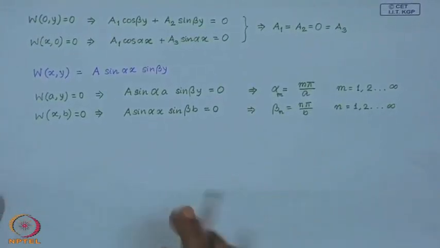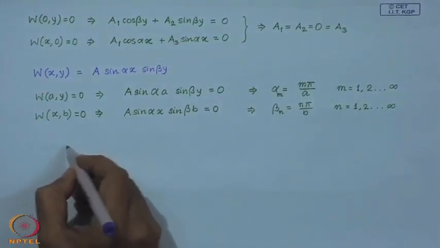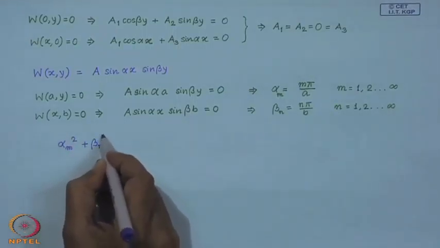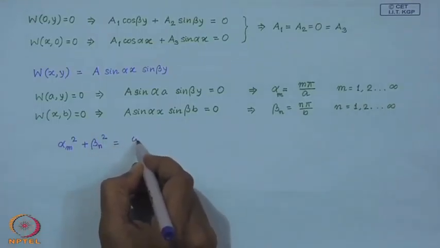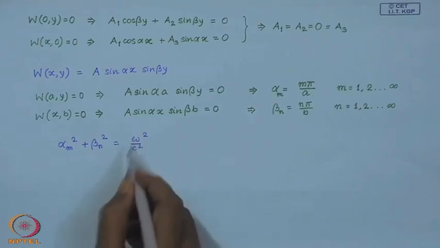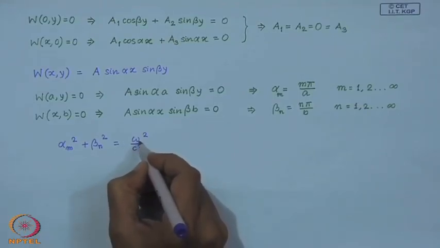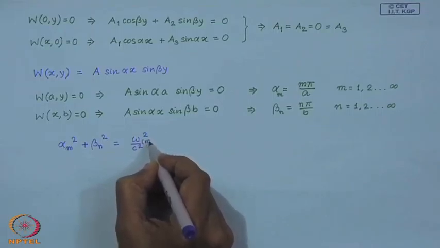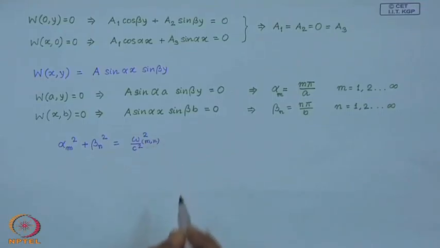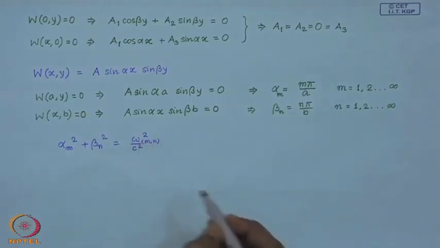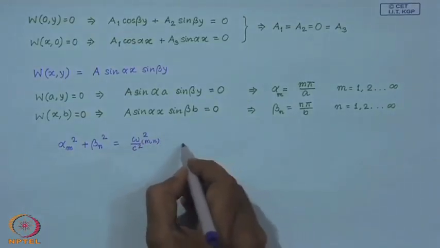So then finally, we recollect that alpha m square plus beta n square must be equal to omega square over c square. Now, this should also therefore get indexed. I will write it as (m, n) within brackets.